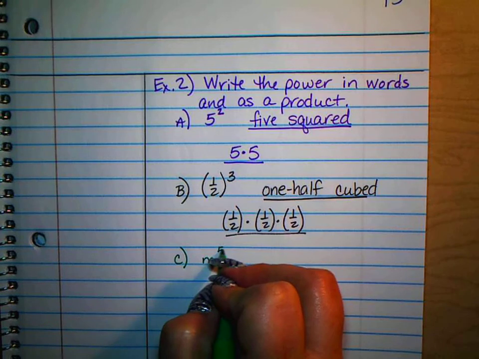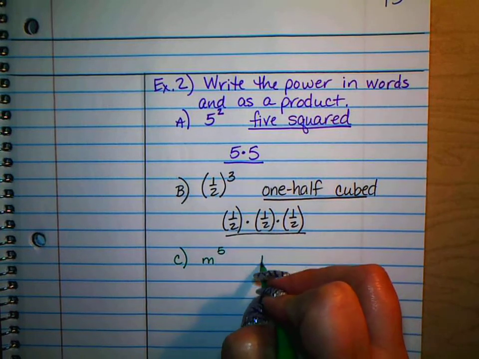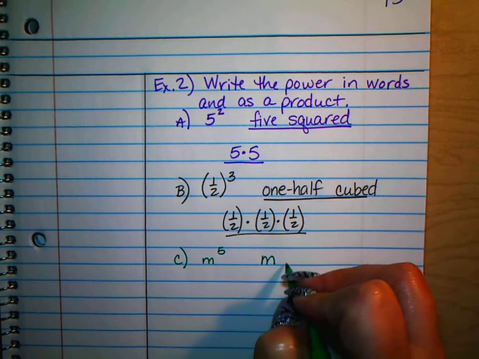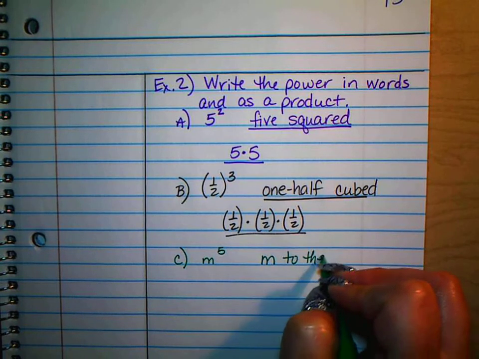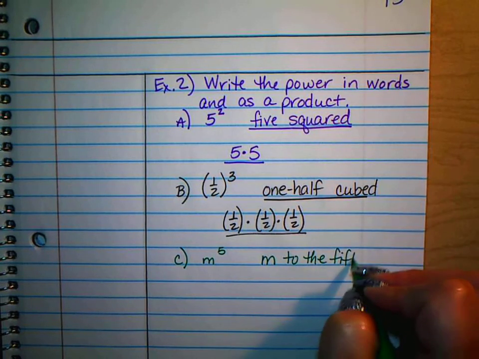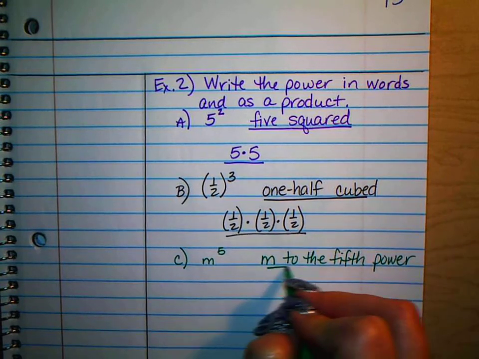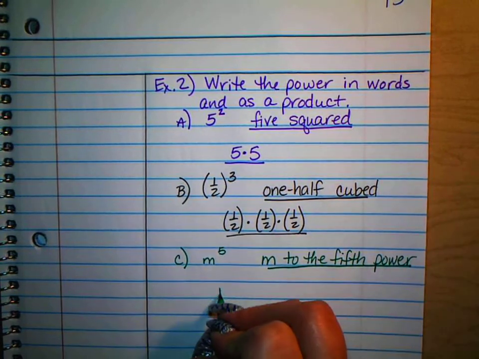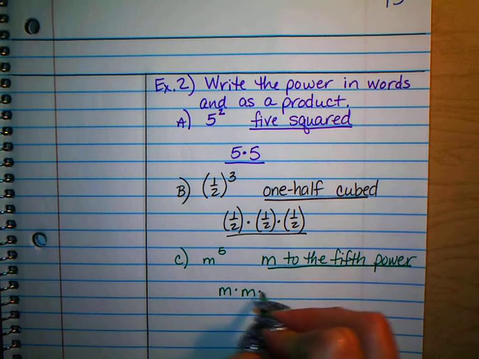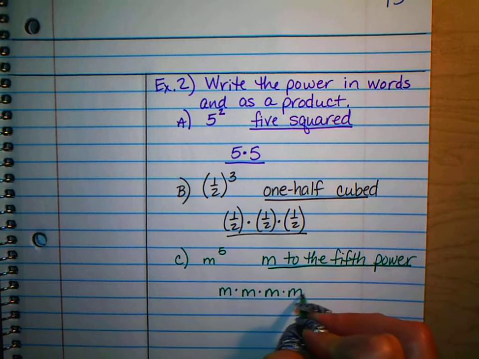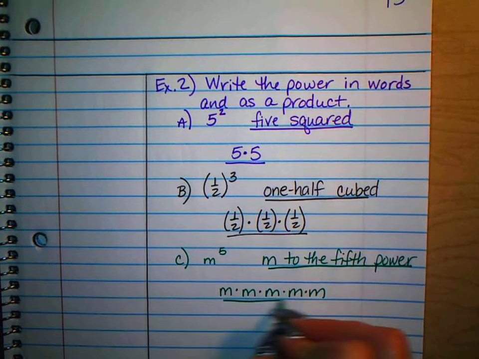M to the 5th. The word for M is M. And I would probably use the words M to the 5th power. And what it means is that I need 5 M's multiplied together.